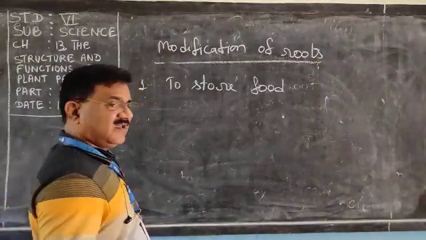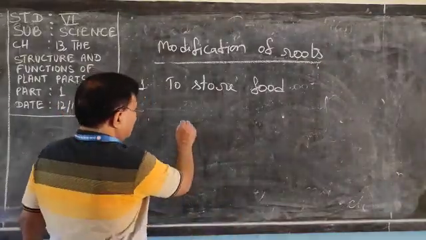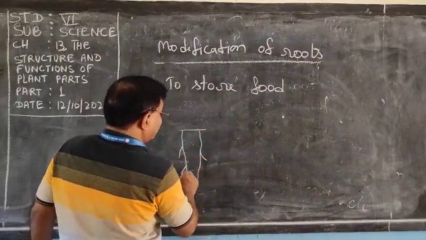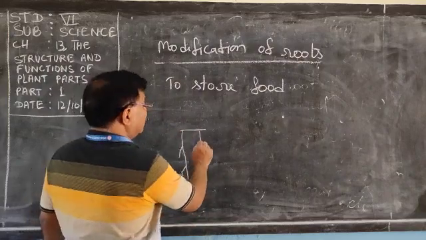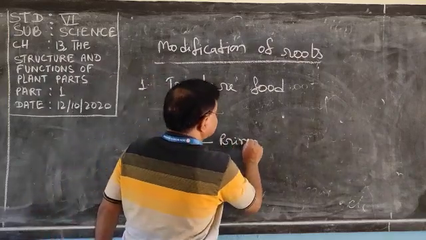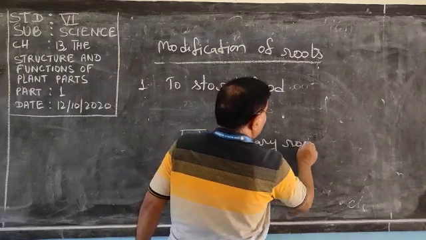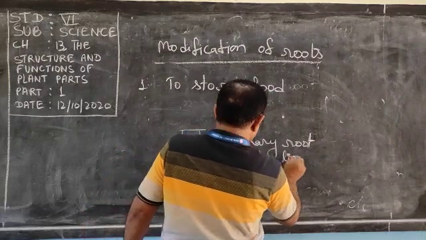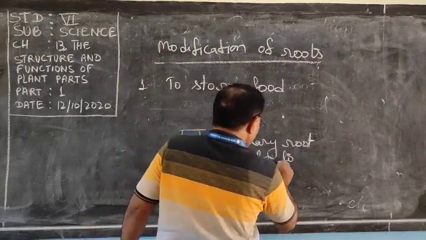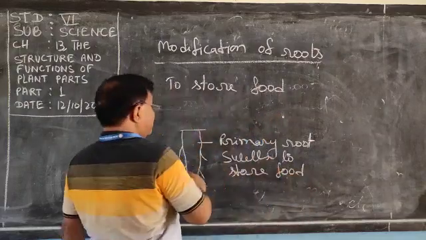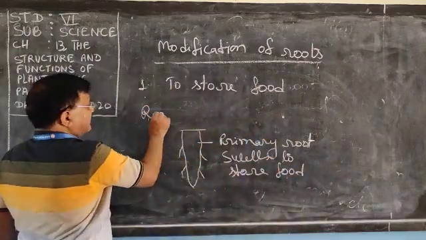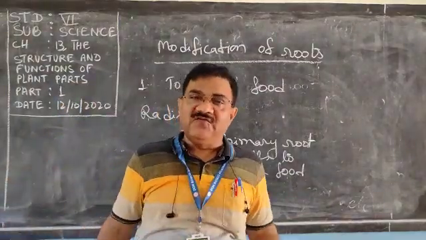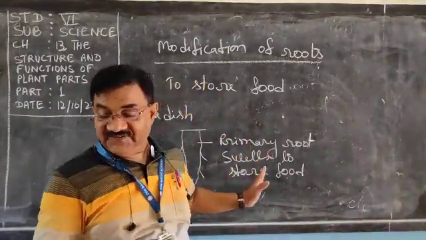Now let us discuss radish. This is the radish, and here is the primary root. The primary root swells to store food, and this is the modification of root.